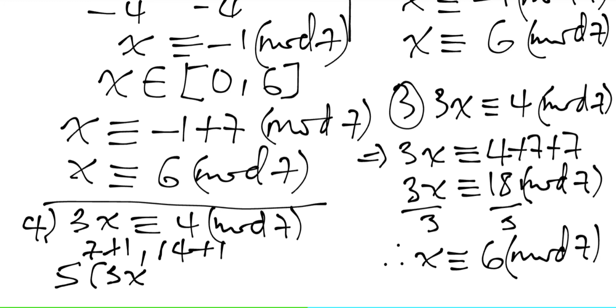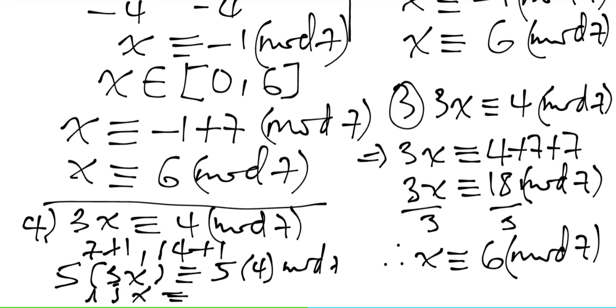And so I multiply 5 on both sides of the congruence to have this. At the end now I have 15x is congruent to 20 mod 7, and 15 in mod 7 is 1, so it gives me x on the left hand side. x is congruent to 20 in modulo 7.